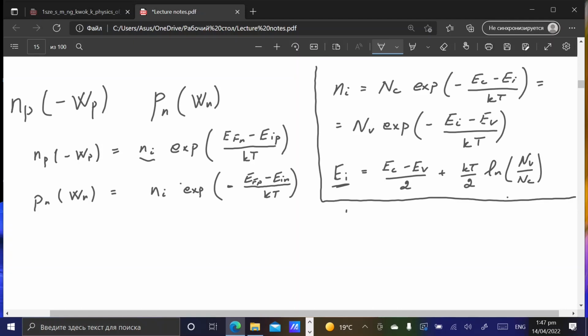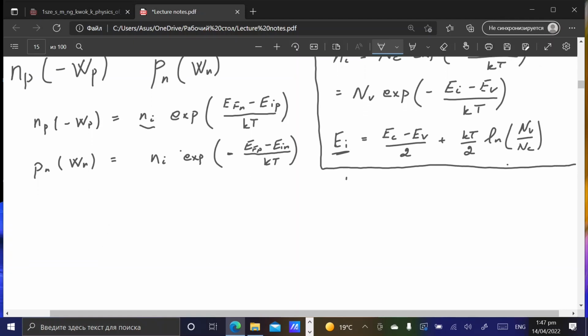So now let us go further and determine what will be the equilibrium minority charge carrier concentration in the neutral regions. That will be n_p0.